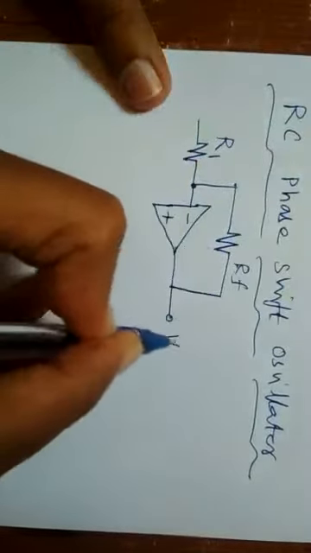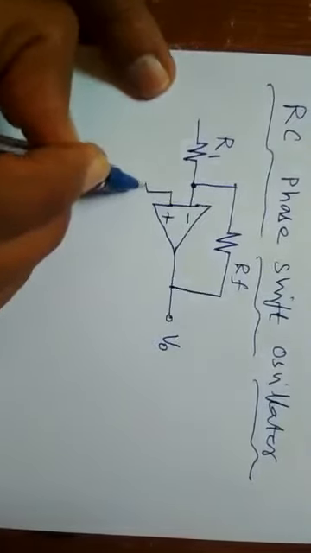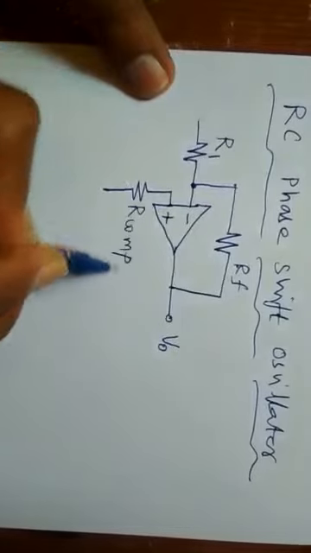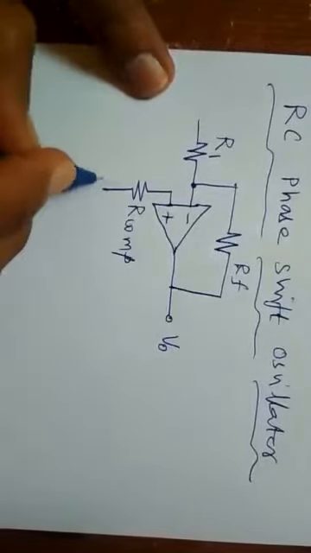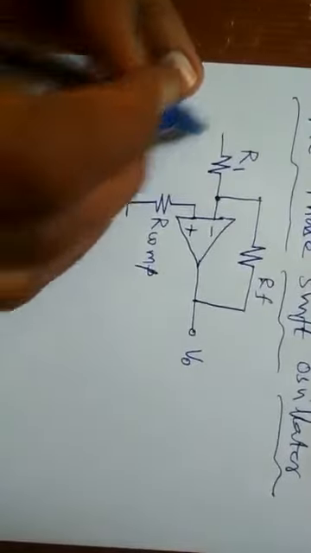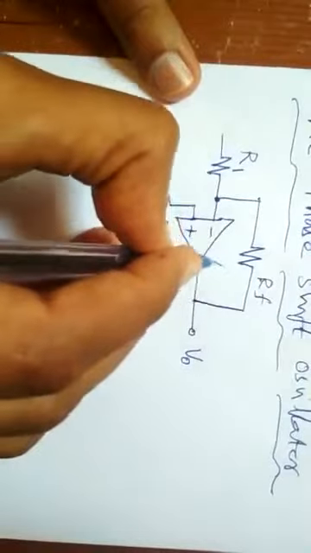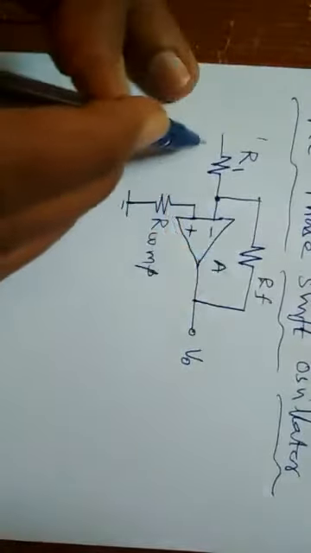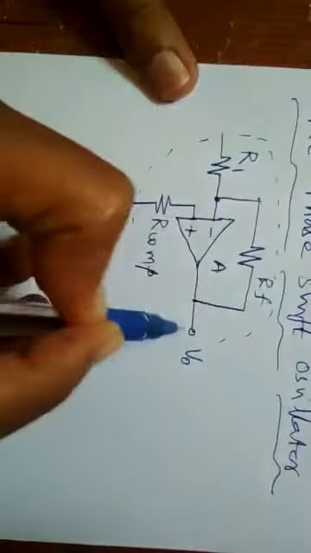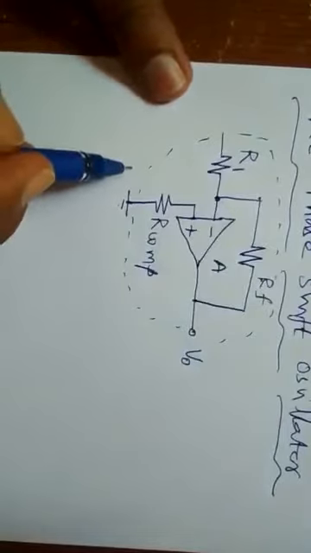Its output is Vout, and we will also have a resistor named R-COM, that is compensation for biasing effects, and this network is taken as the amplifier network with a gain A. So here I am circling it with dotted lines. So this network alone is taken as the amplifier.